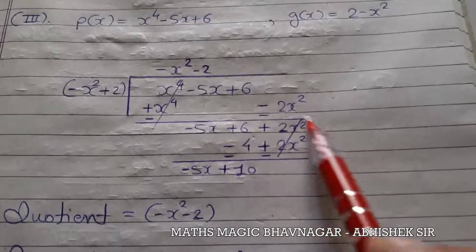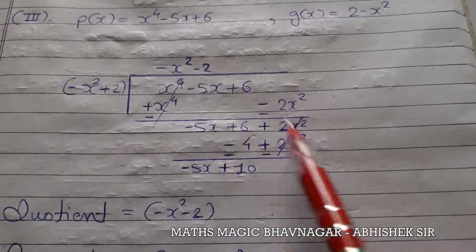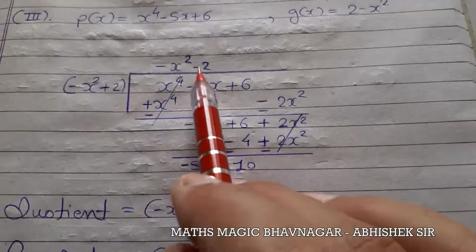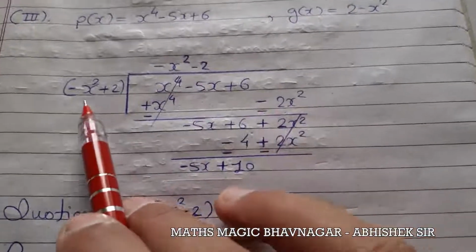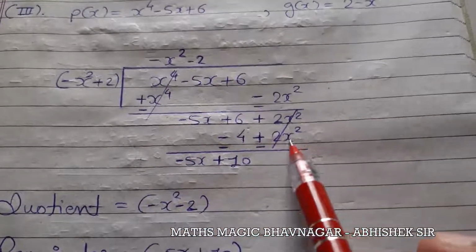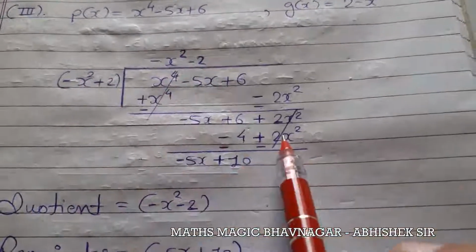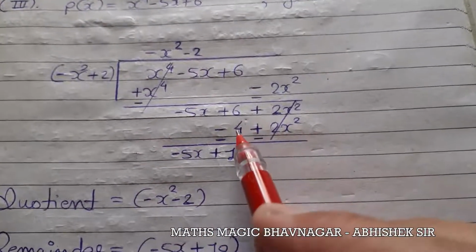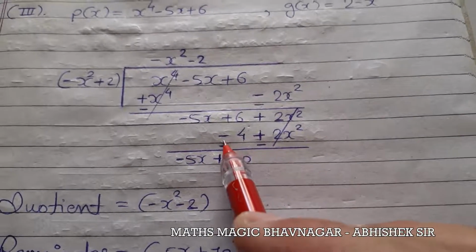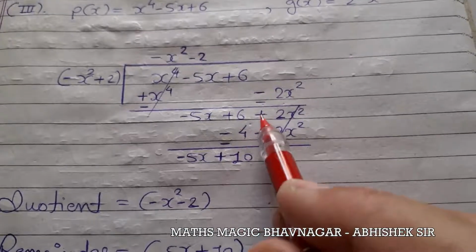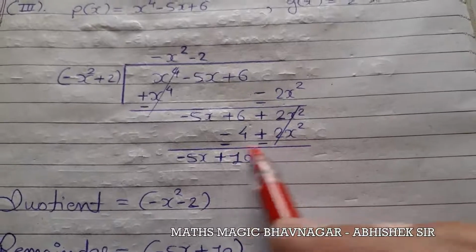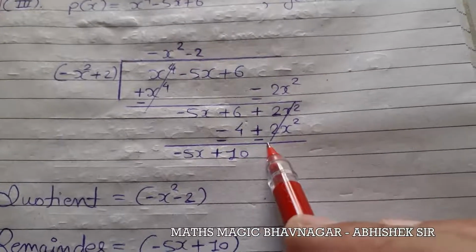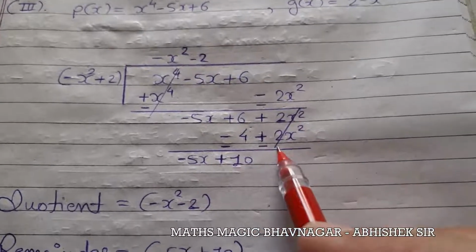Here the biggest exponent is 2, so 2x square divided by minus x square, the answer will be minus 2. So minus x square into minus 2, that is plus 2x square, minus minus plus, then plus 2 into minus 2, that is minus 4, plus minus minus. So here both the terms have the same sign, so multiplying the equation with the minus sign, we get this is plus, this is minus, both terms are cancelled.